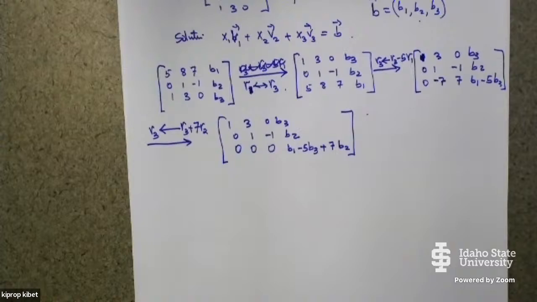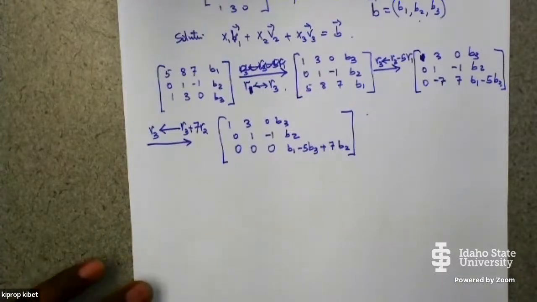Now, if you look at this, for this to be consistent, it should be 0.